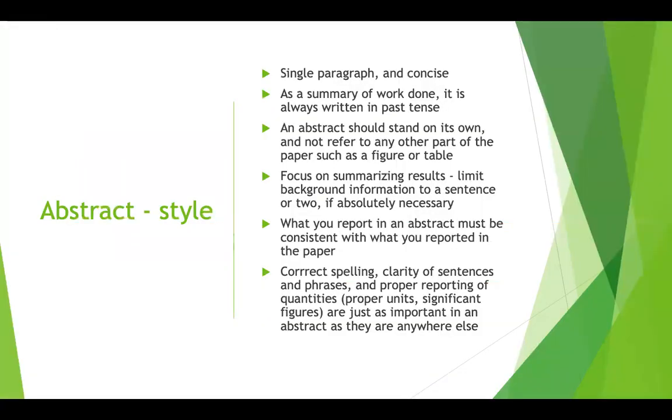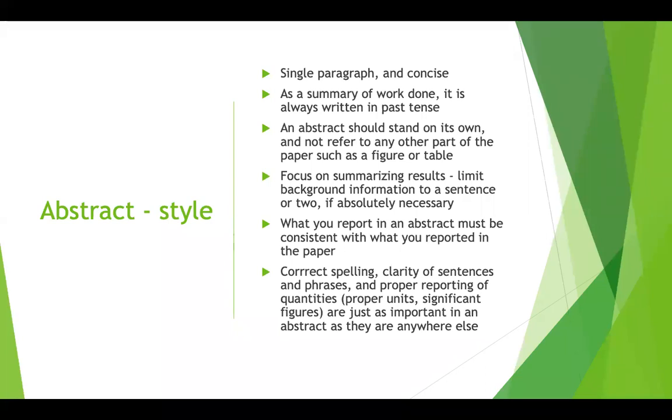So normally, what should be the style of the abstract? As I mentioned, it is normally a single paragraph and it is very concise. As we discussed previously, people normally have some sort of page limit or word limit when it comes to the abstract. So consistency is the key here.